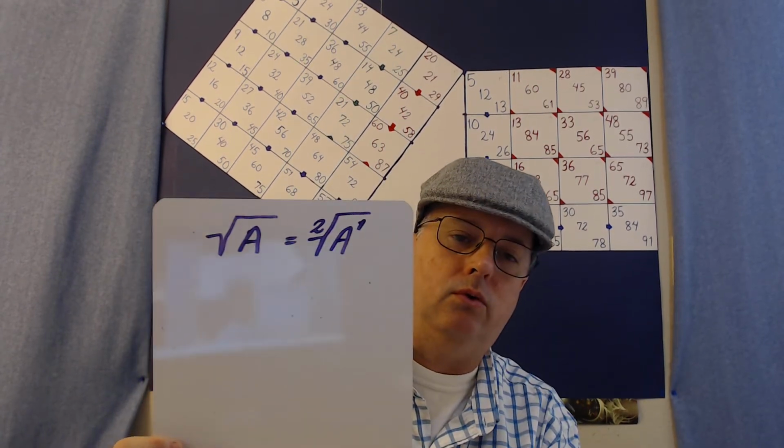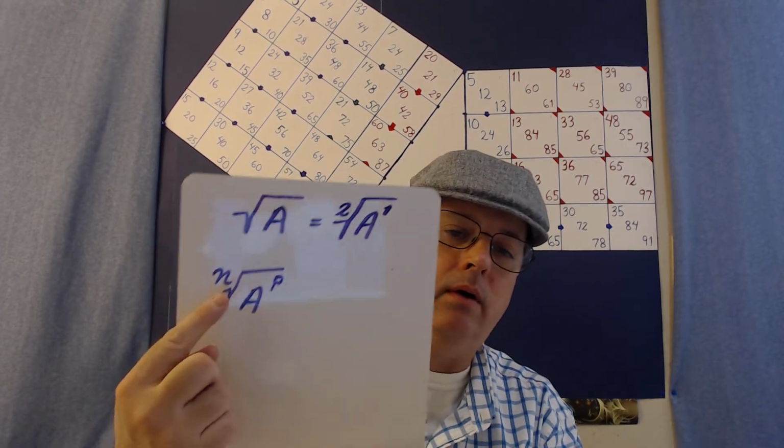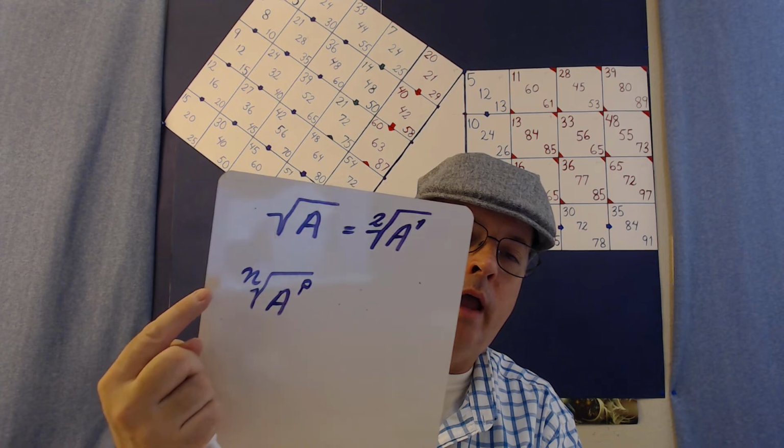That's the second root, the square root. But we could instead have n here, a here, and p here. So we could have a power and a root.